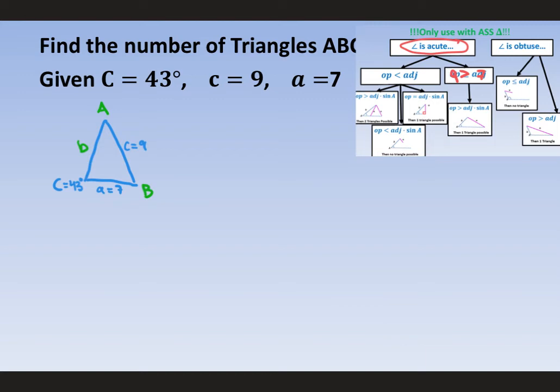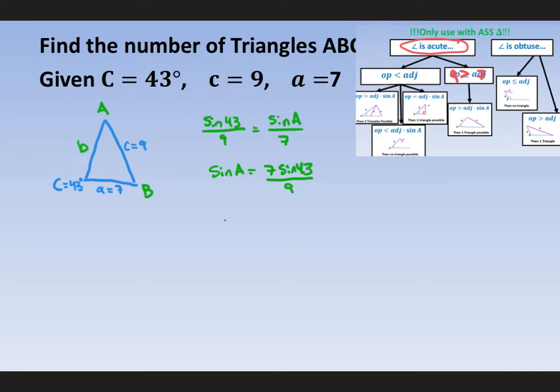So we'll go ahead and start with the law of sines. We'll say sine of 43 over 9 is equal to the sine of A, since that's the side that we know something about, over 7. We'll cross multiply, and we get the sine of A is equal to 7 times the sine of 43, and I've divided that 9 back over.